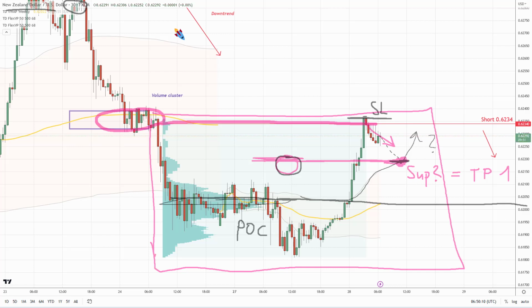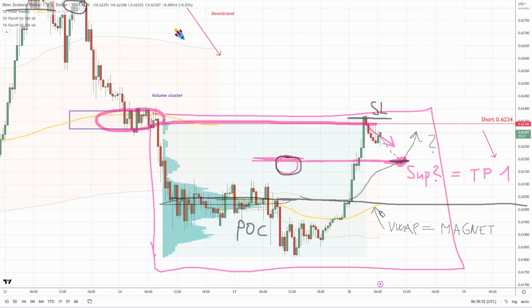And what is very nice about this is that VWAP, that's the yellow line, currently aligns with this weekly point of control. And I don't know if you know this, I mentioned this several times in my other videos, but VWAP, that's the yellow line, likes to work as a magnet.